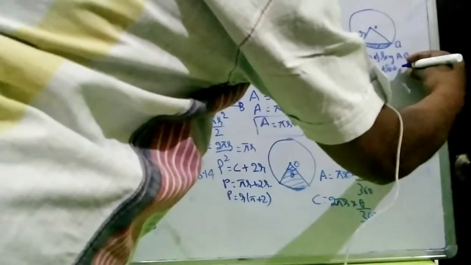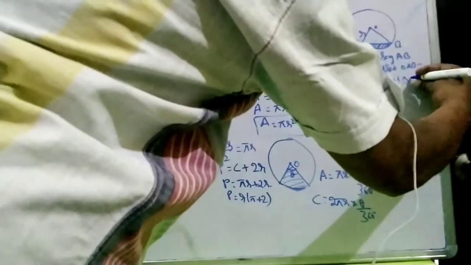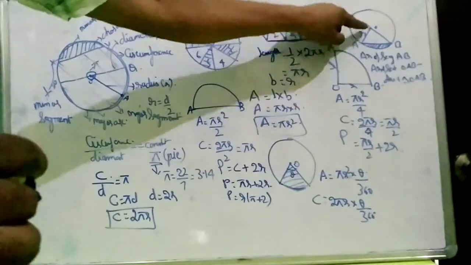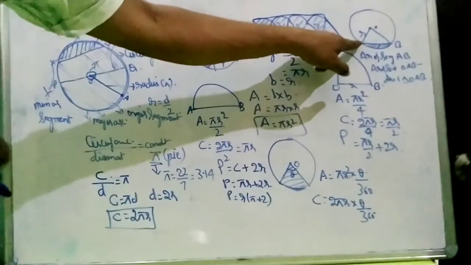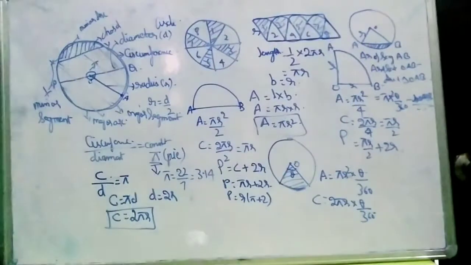Area of sector OAB minus area of triangle OAB. First of all, we will find out the complete area of OAB with the curve part also included. From this we will subtract the area of the triangle OAB. Then the formula for the area of a segment is pi r square into theta upon 360 minus the area of triangle AOB. This will give the area of the minor segment.